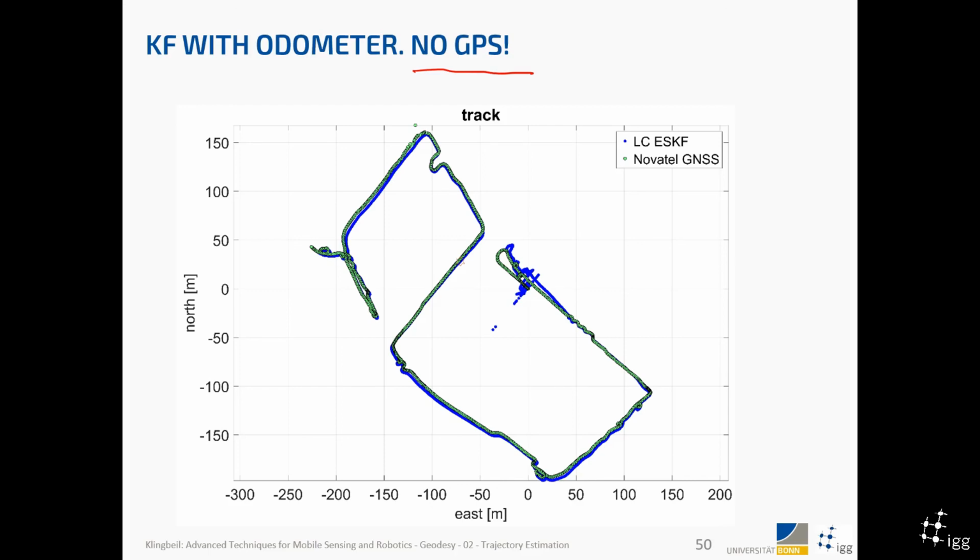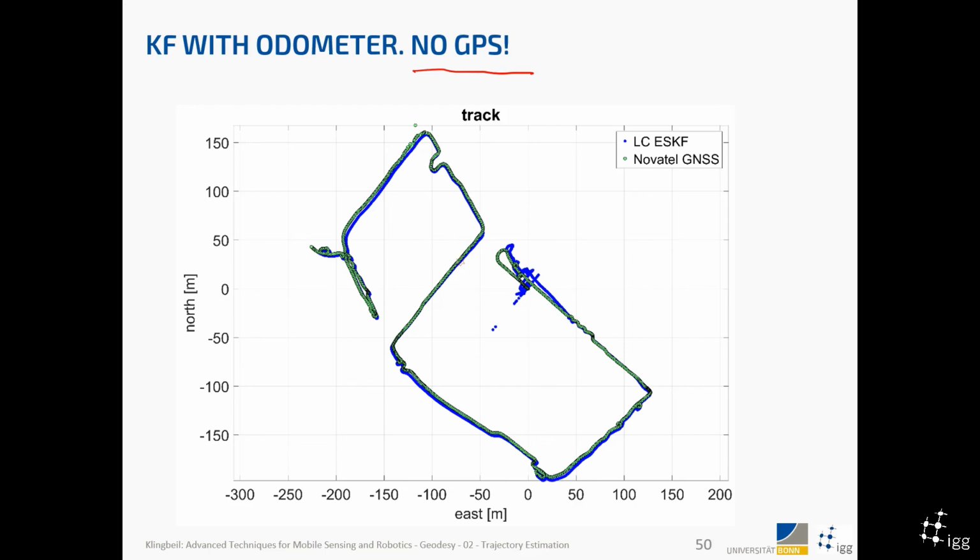This already lets the whole thing look much, much better. And this doesn't have any GPS included, right? It just tells you how nice an odometer can help in improving the estimation.